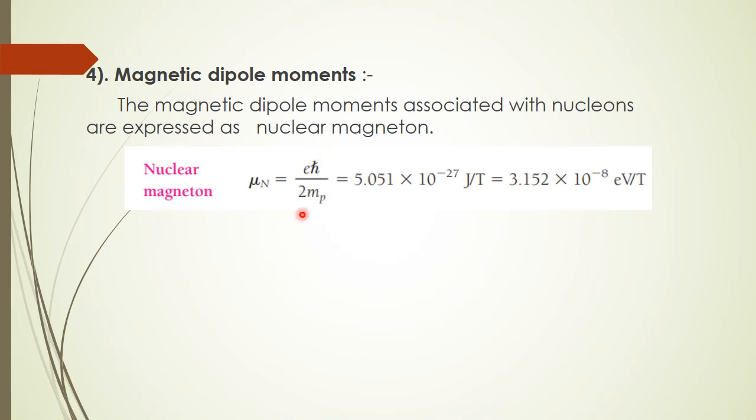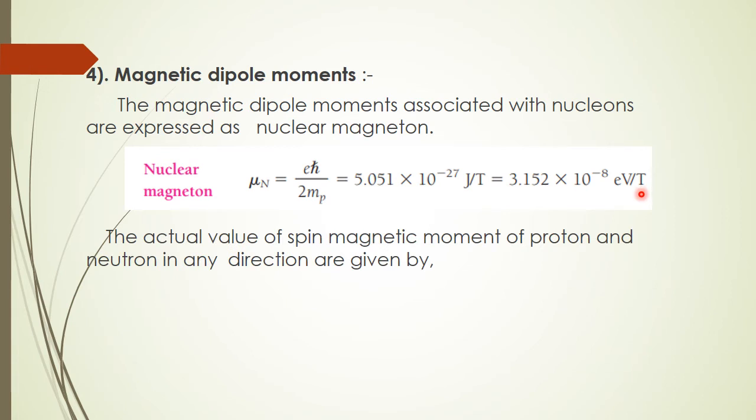Similar is the definition of Bohr magneton μB, that is equal to eħ by 2m, where m is the mass of electron. So μn is the unit in which we calculate magnetic dipole moments of nucleus. The value of μn is 5.051 × 10^-27 joule per Tesla, or equal to 3.152 × 10^-8 electron volt per Tesla.